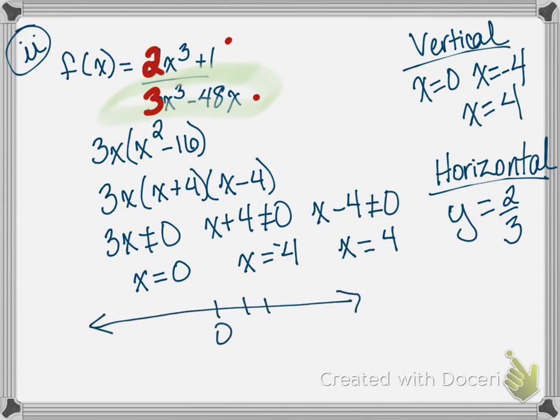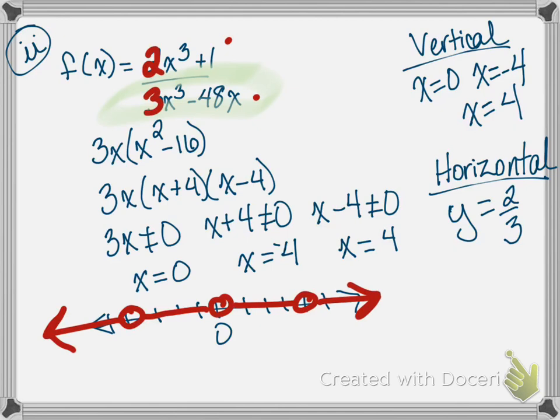And again, you are better off if you graph these points so that you put your interval notation in the correct order. Okay? 1, 2, 3. Okay, there we go. So we've got a whole bunch of stuff happening in this domain. So here's the domain.